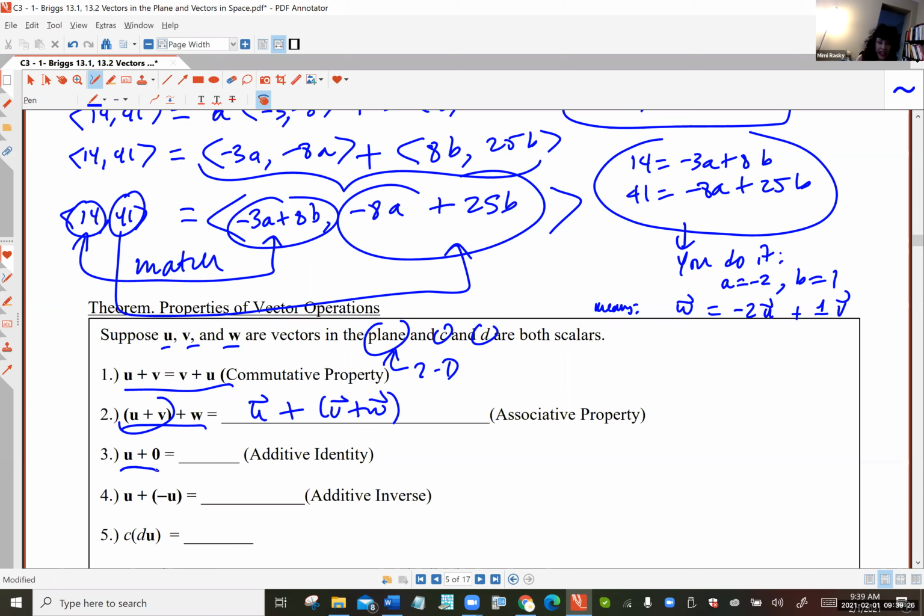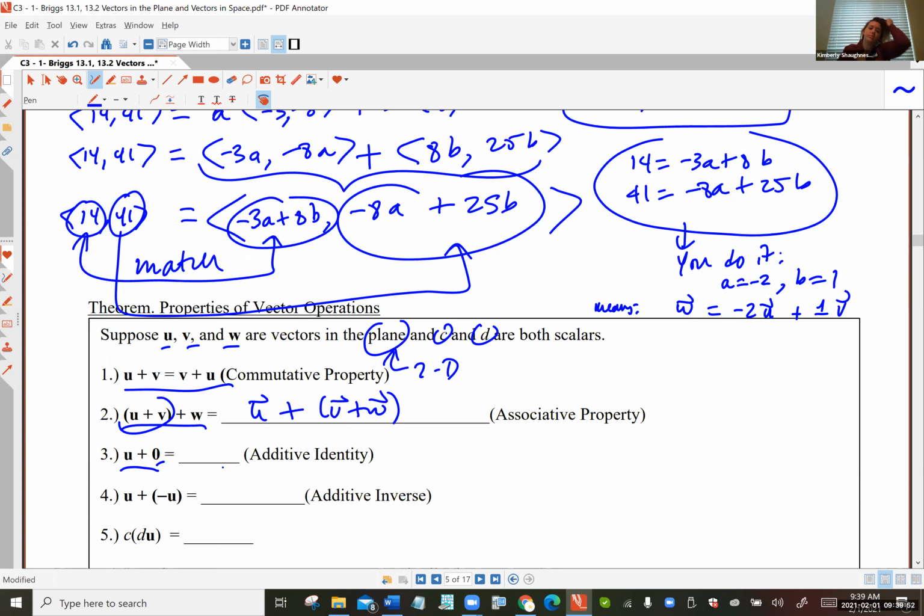What if you take a vector U and add the 0 vector to it? Notice this 0 is in boldface, which means it's the vector 0, not the pure number 0. What do you think your result would be? What happens when you add the number 0 to say 10? What's 10 plus 0? 10.